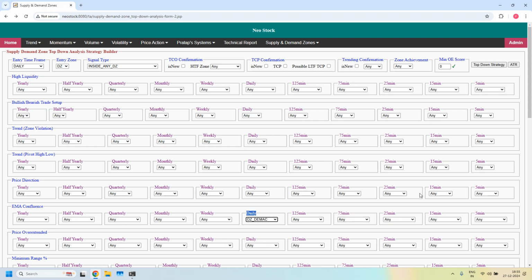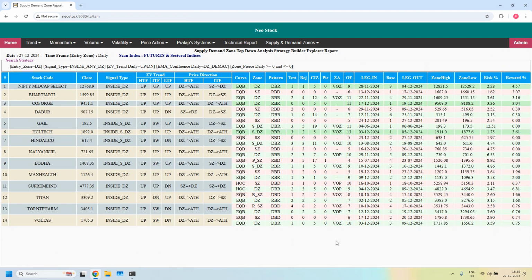With this filter, the trend on the daily time frame should not be sideways, so I am selecting up or down trend. Let us filter the stocks. We got 14 stocks. Instead of 37, we got 14. In these 14, all these daily demand zones have daily EMA confluence, and also the current price is closed inside the daily demand zone.